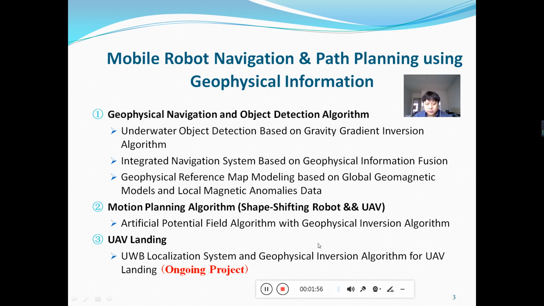Recently, I'm doing research focused on UAV landing. In this research, I mainly use UWB localization technology combined with the physical inversion method to realize the UAV landing. So, these are my research topics and ideas.